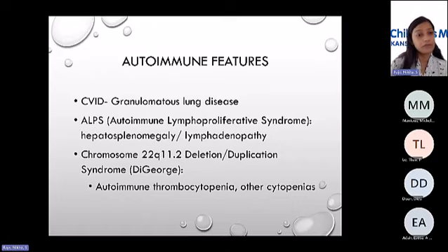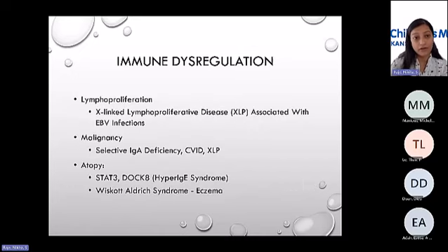Some of the clues, such as if there are autoimmune features, so if you see autoimmune neutropenia or hemolytic anemia or thrombocytopenia, there are some immunodeficiencies that should come to your mind, such as CVID, autoimmune lymphoproliferative syndrome, 22q deletion syndrome. These patients can present with autoimmune features. Cytopenias are the most common feature of autoimmunity in IEIs. Apart from that, GI and thyroid issues can also occur.